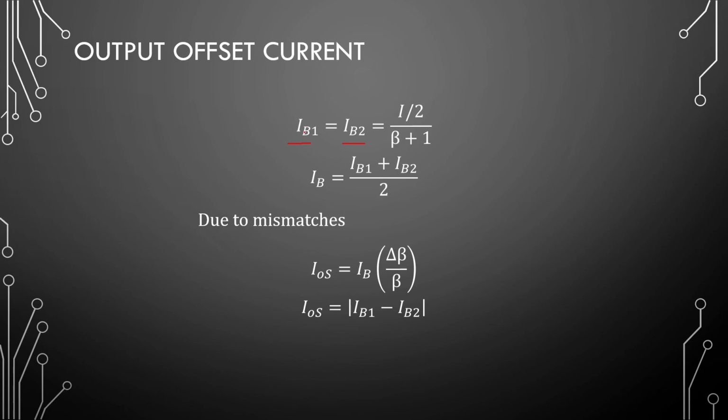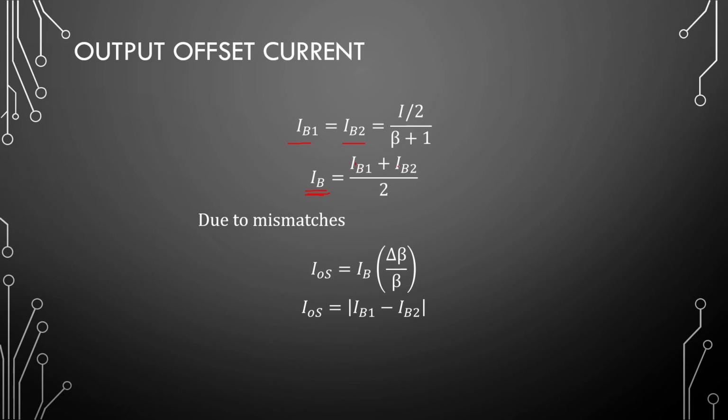In a practical situation, they will not be equal to one another. So you will find that there is typically a bias current in the description, and that is just IB1 plus IB2 divided by 2. So this is just the average of the two bias currents.